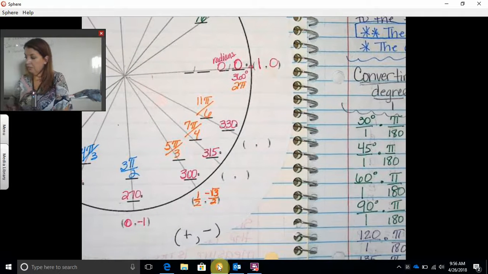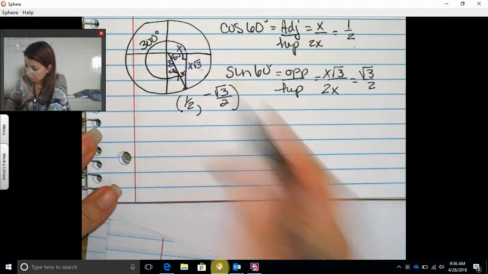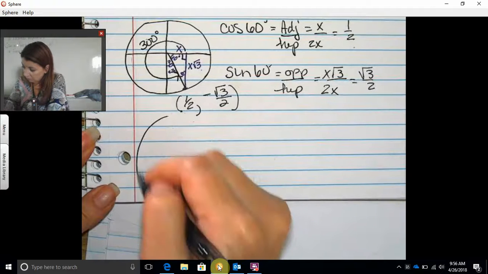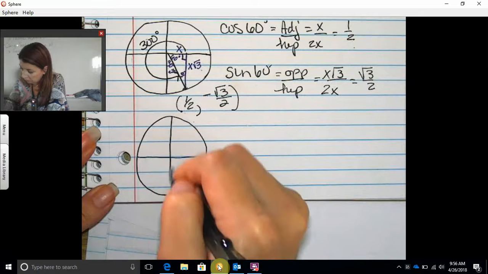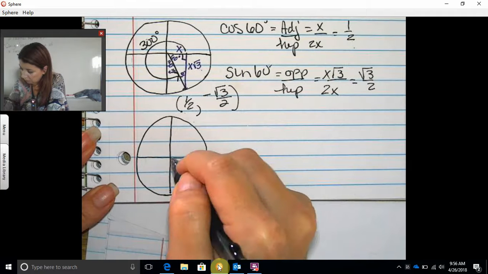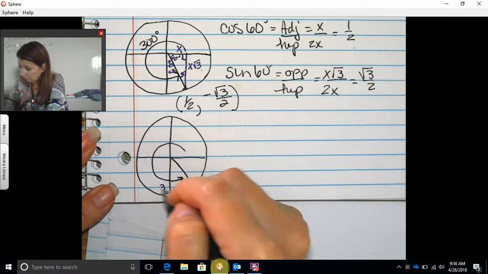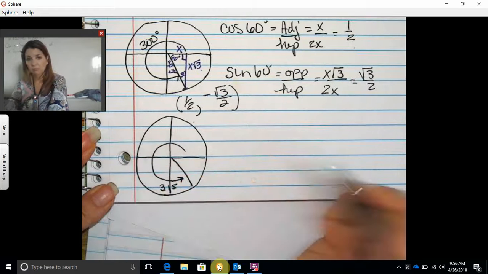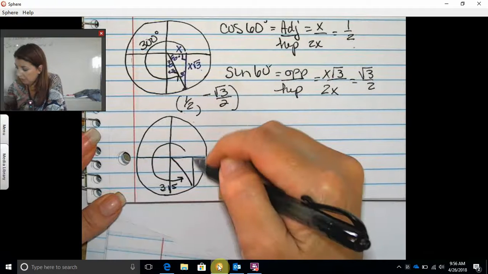Okay, two more. 315. Don't know if I'm going to be able to get it all on this page. So we know we're going to have to draw the triangle this way, right?